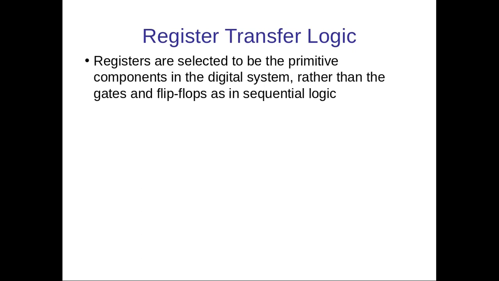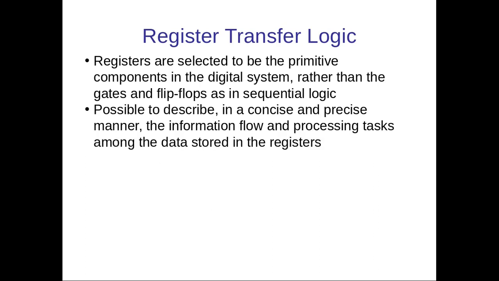In register transfer logic, registers are selected to be the primitive components in the digital system, rather than the gates and flip-flops as in sequential logic. Then it is possible to describe in a concise and precise manner the information flow and processing tasks among the data stored in the registers.